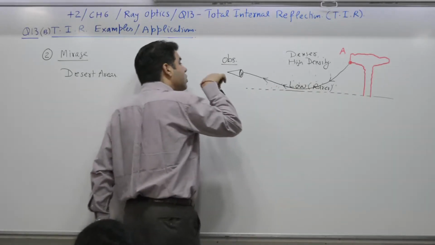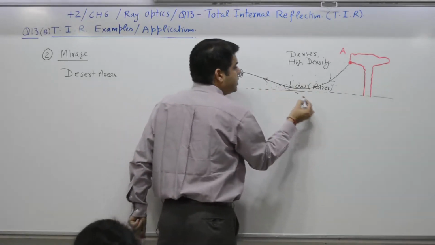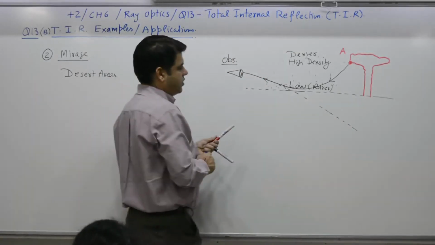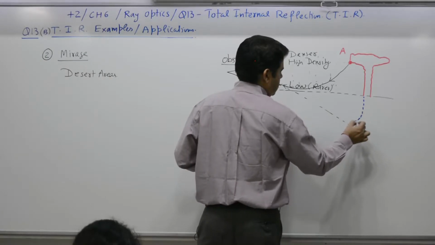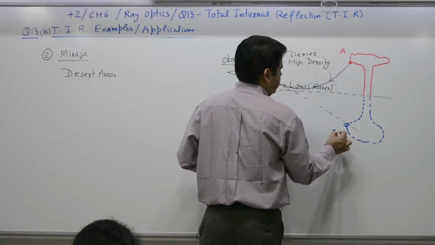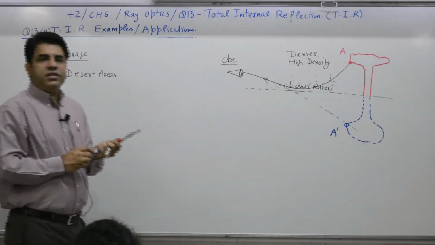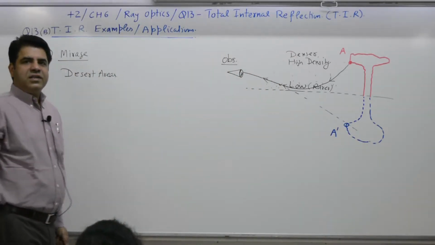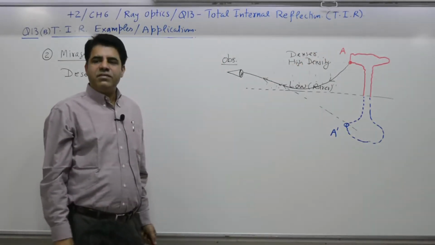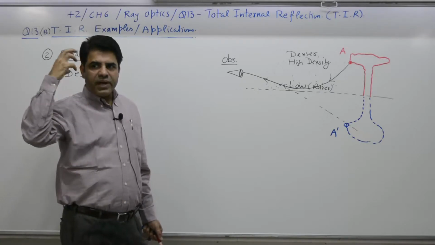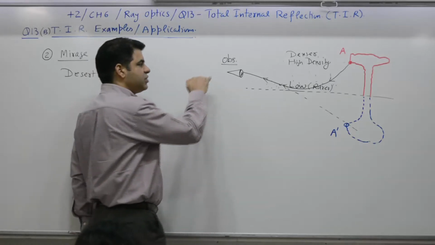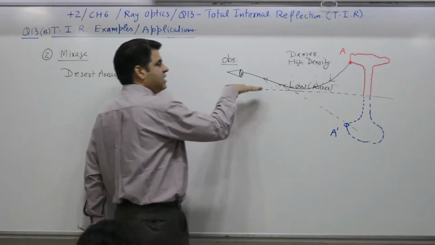To the eye, to the observer, this ray appears to be coming from a different point, and what you observe is A dash. It means there is an object and its image, and generally you have an orientation of the brain that there is some water available. Agreed or not? When you see this, you say that in the desert area there is a lake.